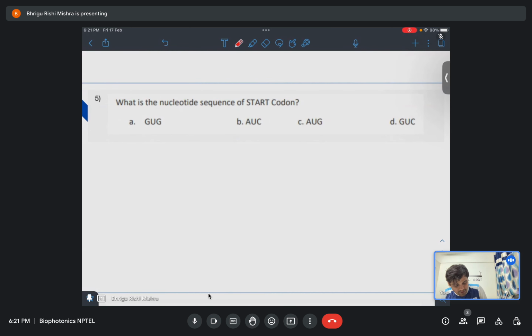So first, what is a codon? A codon is a sequence of 3 nucleotides which together form a unit of genetic code, in either a DNA or RNA molecule.